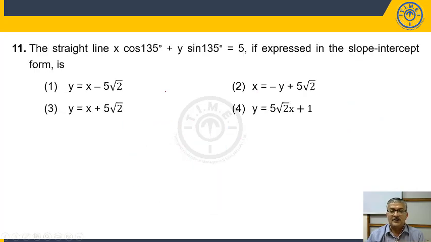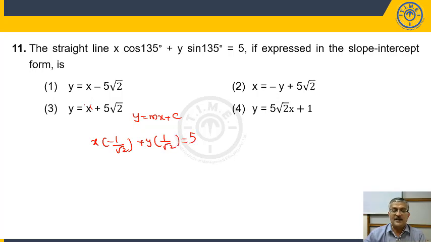Next, this is to be expressed in slope intercept form. Slope intercept form means y is equal to mx plus c. So what is cos 135? Cos 135 is minus 1 by root 2. Sin 135 is plus 1 by root 2, is equal to 5.